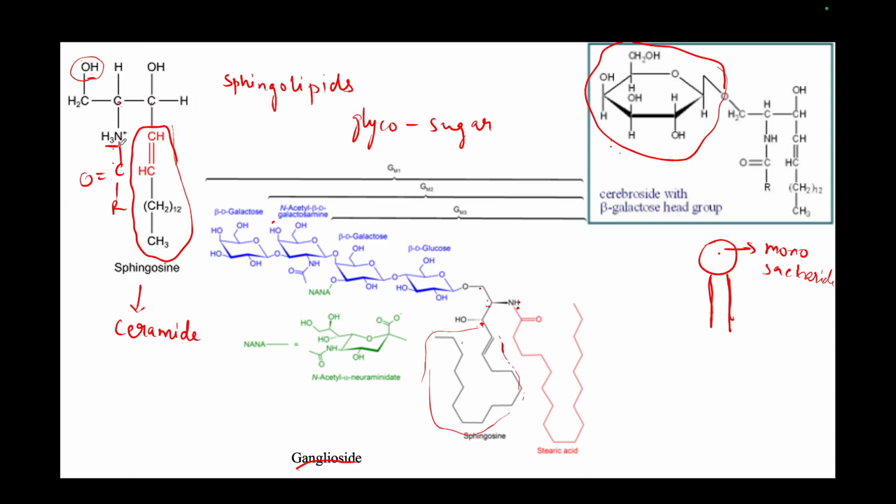When I attach a fatty acid to this amino group, it will become a ceramide, and if I attach a sugar to the OH on the third carbon, that ceramide will change into a glycosphingolipid. If I attach any other molecule, it will become sphingomyelin or some different membrane structures.